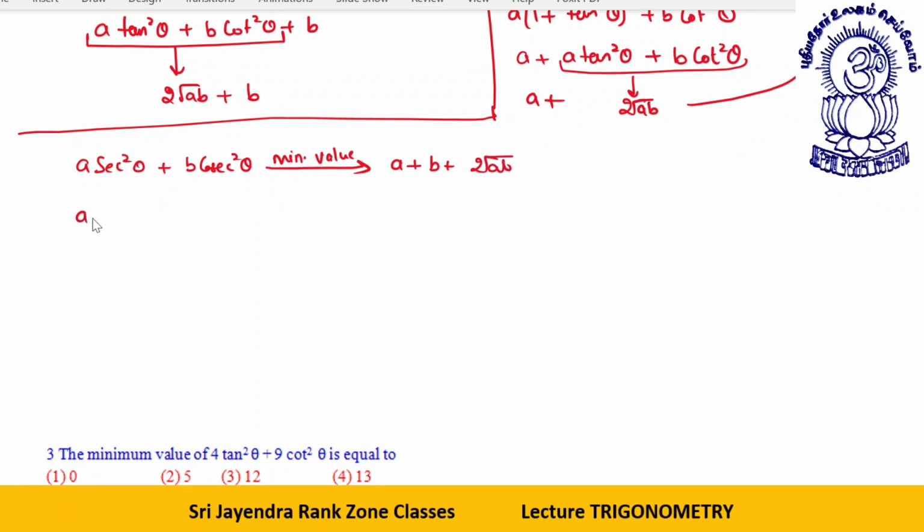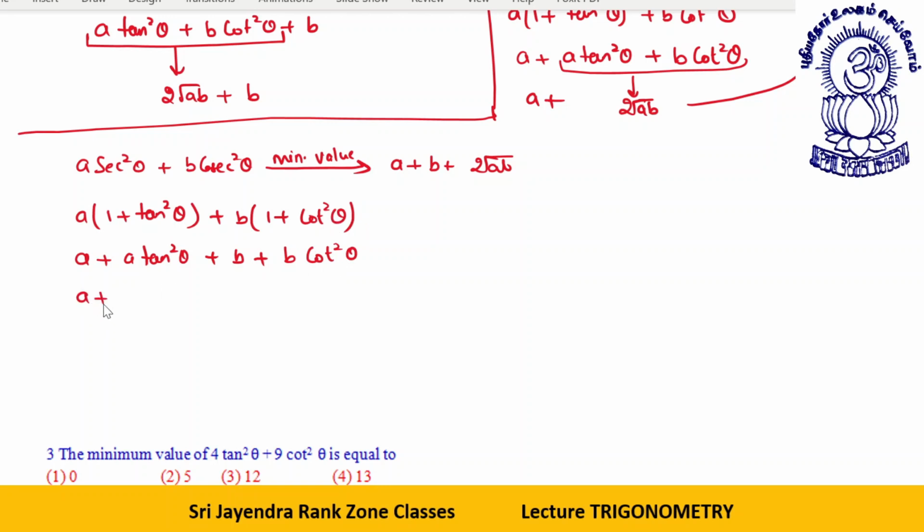That will be like a into 1 plus tan square theta plus b into 1 plus cot square theta. That is a plus a tan square theta plus b plus b cot square theta.